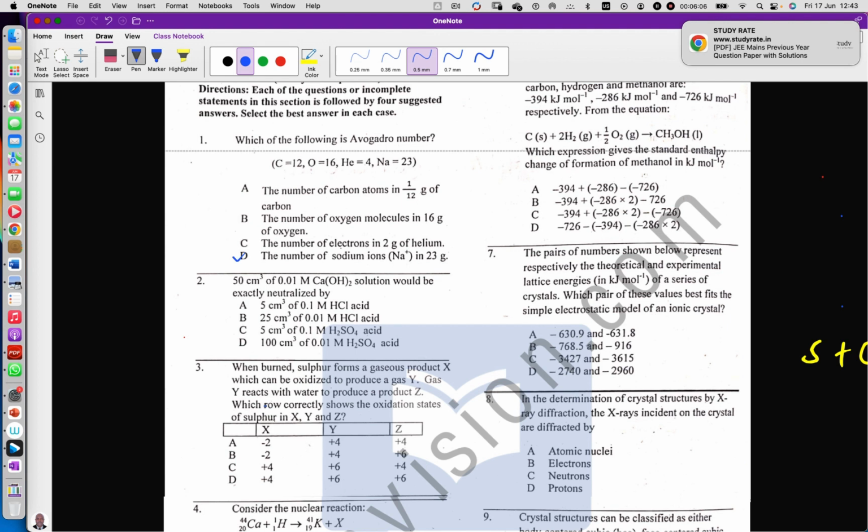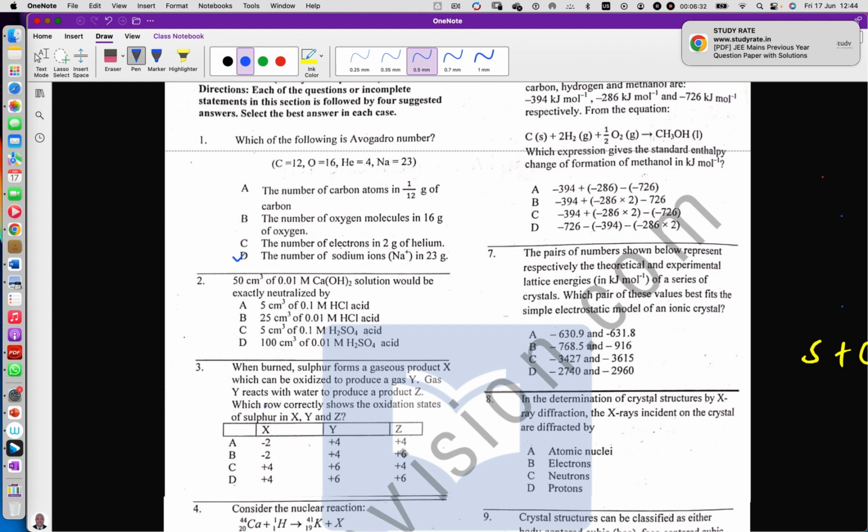So we convert the 100 cm cube into dm cube, which is 0.1 dm cube. The number of moles of acid is 0.001, so dividing 0.001 by 0.1 dm cube, we have 0.01 molar.